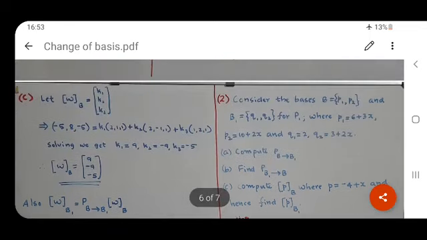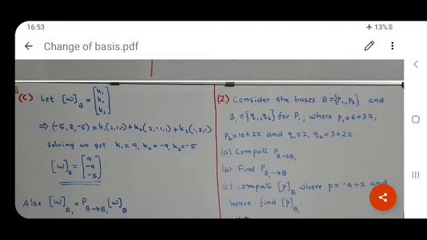In the same fashion, I have considered another example where the space is P1, the set of all polynomials of degree less than or equal to 1. So it is a 2-dimensional space, and suppose the bases B and B1 are given by {p1, p2} and {q1, q2}, where p1 equal to 6 plus 3x, p2 equal to 10 plus 2x, and q1 equal to 2, q2 equal to 3 plus 2x.